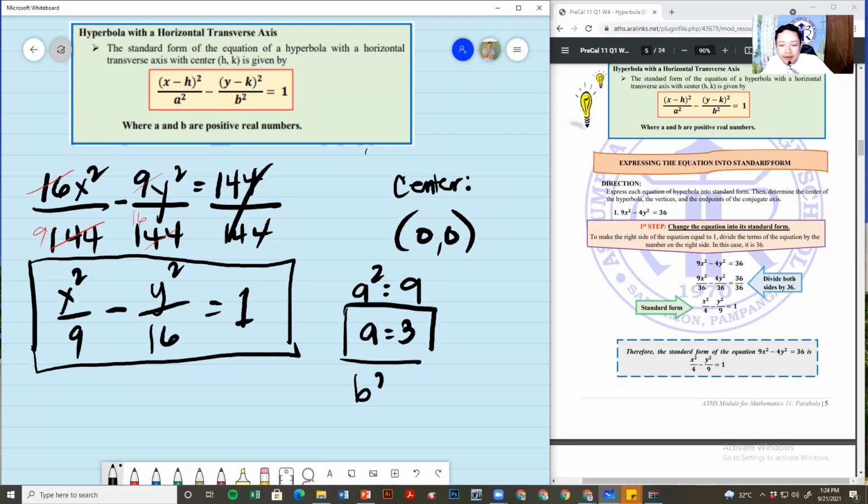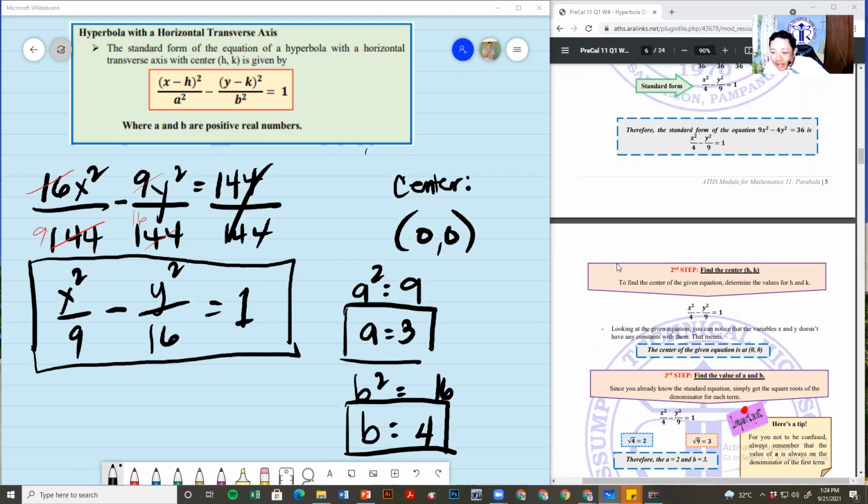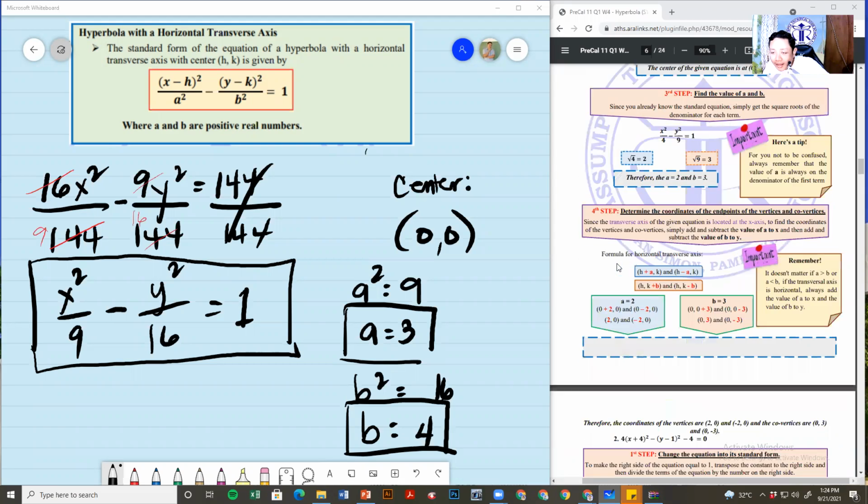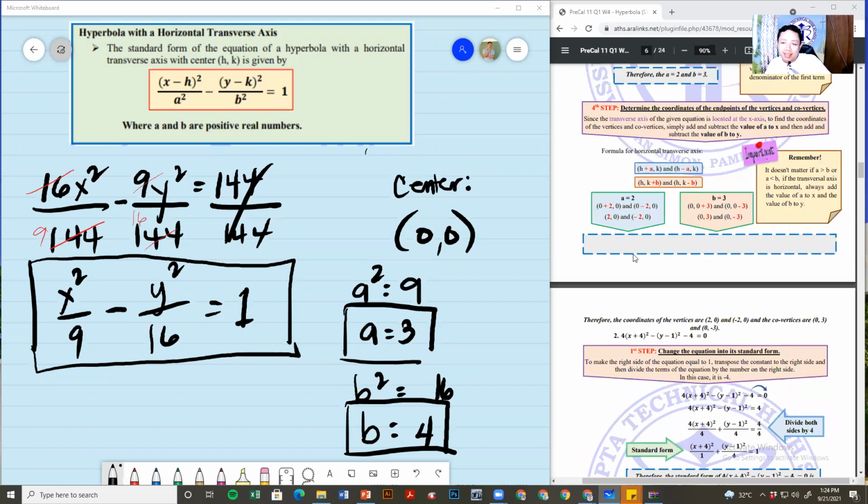What's the value for your B? B squared is 16. So therefore, B is equal to 4. Perfect. That's it. Let me see our process. Standard form, find the center, and then get your A and B. Okay, and then all we have to do is to identify the horizontal transverse axis.